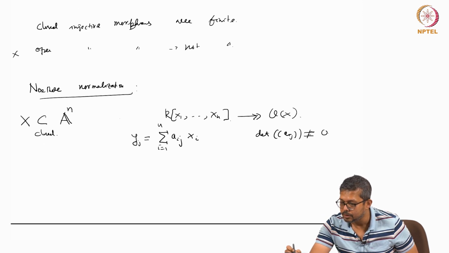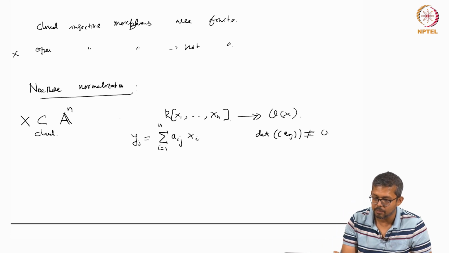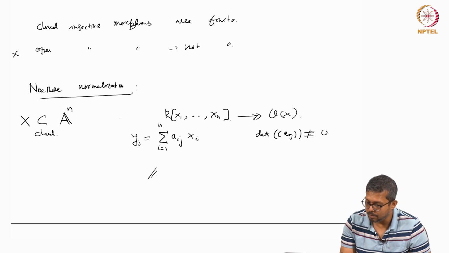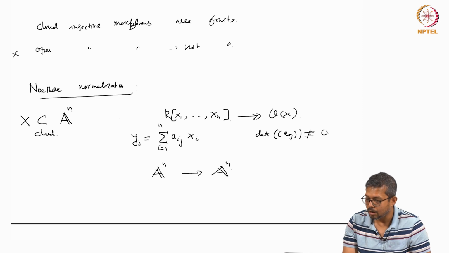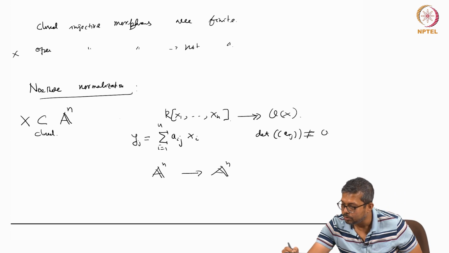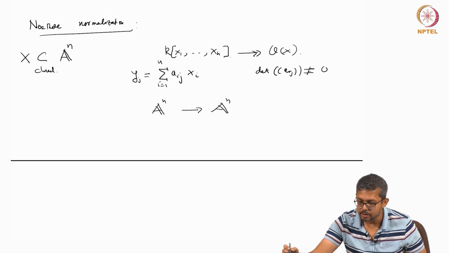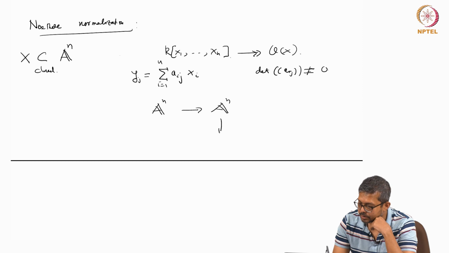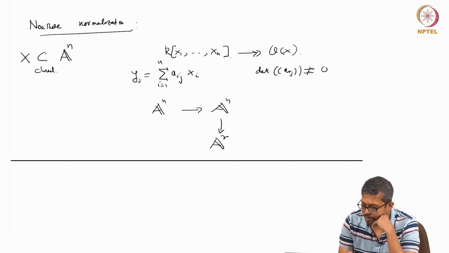So this is nothing but a linear map. So it will give a linear map A^n into A^n. Okay. Now what you said is that there exists... So this is A^r. I'll just write the diagram, then I'll explain what is going on.